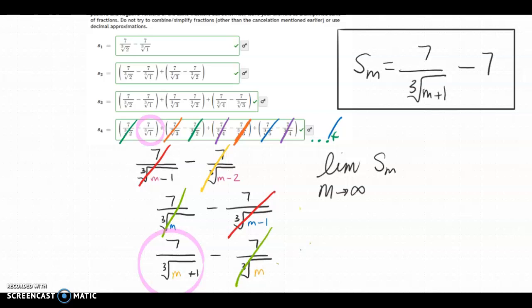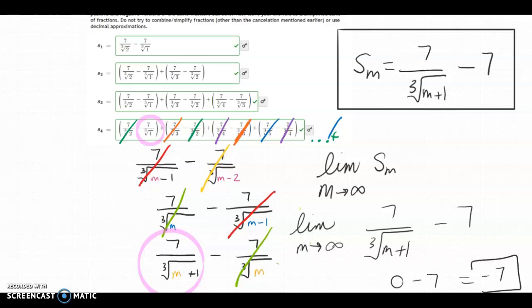So we are finding the limit as m goes to infinity of 7 over the cubic root of m plus 1, minus 7. This part has no variables in it, so it's just negative 7. And in the part 7 over the cubic root, the denominator will get larger and larger, so it will go to 0. So we end up with 0 minus 7, which is negative 7.